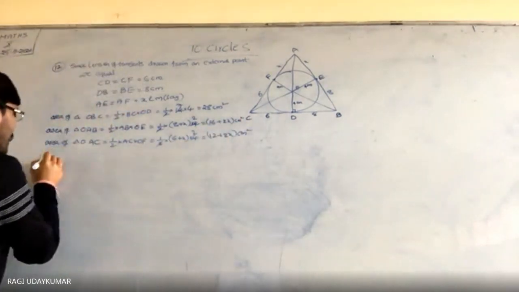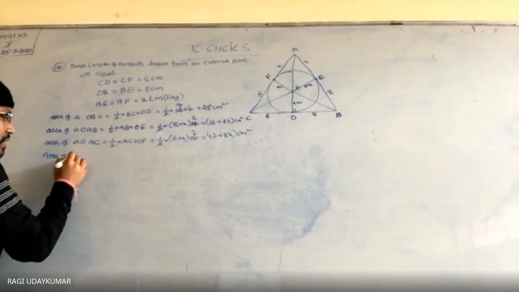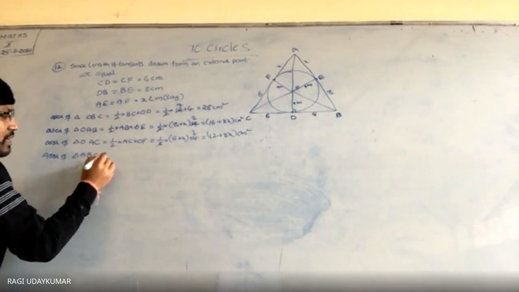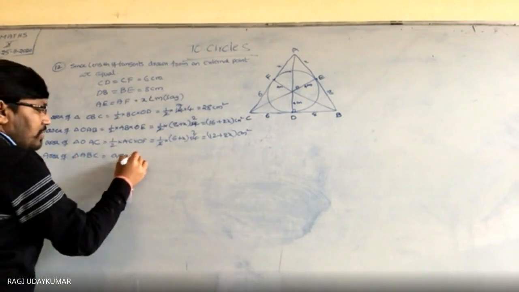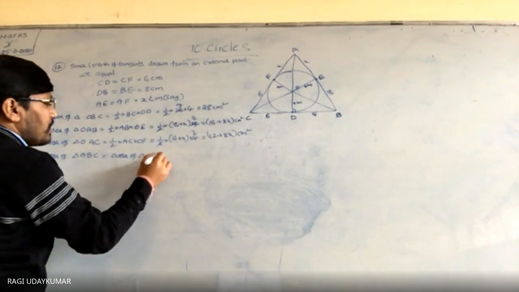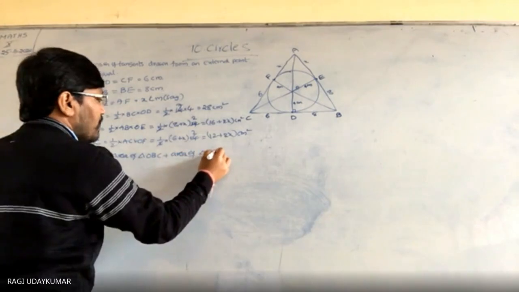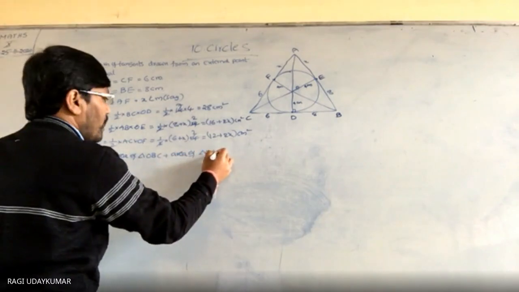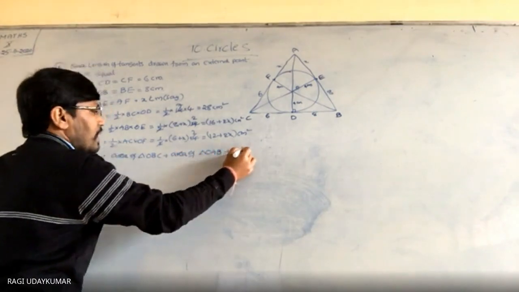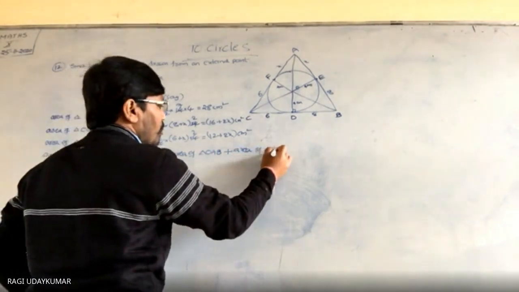So the area of triangle ABC is equal to the area of triangle OBC plus the area of triangle OAB plus the area of triangle OAC.